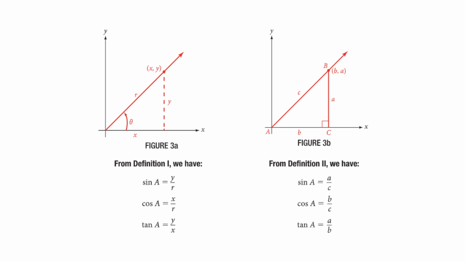Whereas in definition 1, theta could be any angle, acute or not acute. So it makes definition 1 more valuable because it can handle any angle, not just acute ones. So let's head to objective 2 before diving further into definition 2.